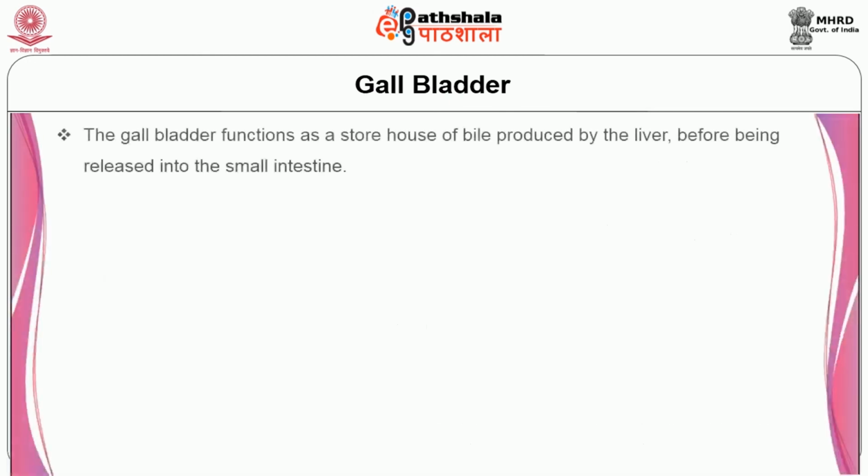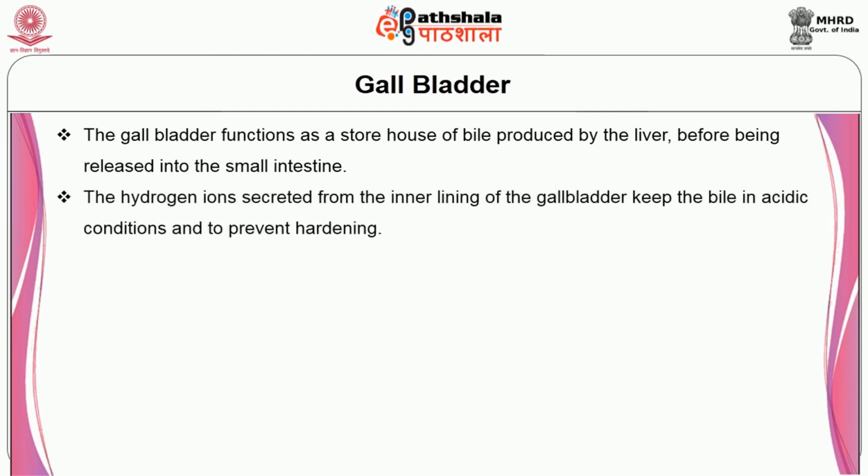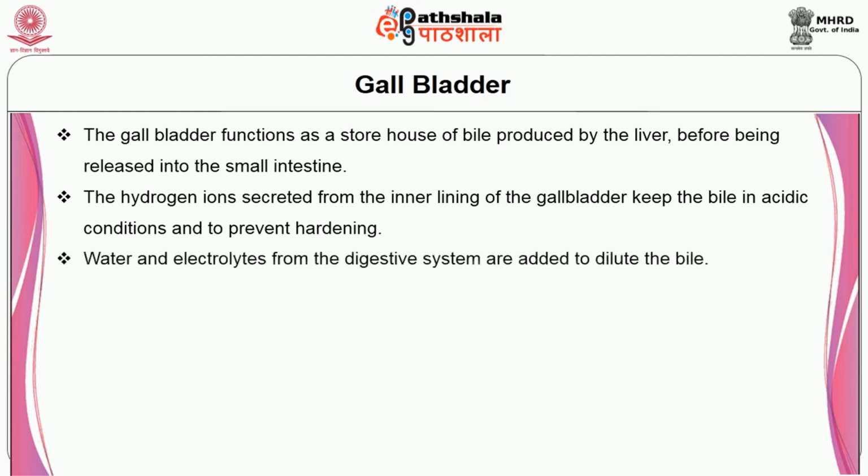The gallbladder functions as a storehouse of bile produced by the liver before being released into the small intestine. The hydrogen ions secreted from the inner lining of gallbladder keep the bile in acidic condition and prevent hardening. Water and electrolytes from the digestive system are added to dilute the bile.